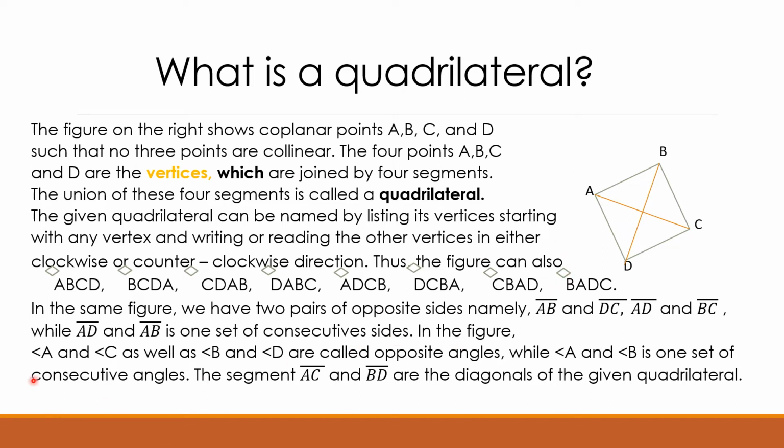Angle A and angle C, as well as angle B and angle D, are called opposite angles. Angle A and angle B are one set of consecutive angles. The segments AC and BD are diagonals of the quadrilateral.